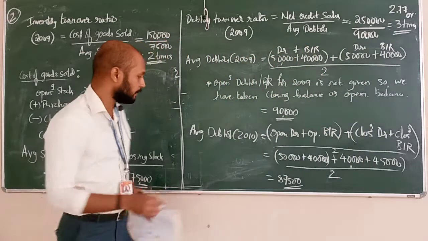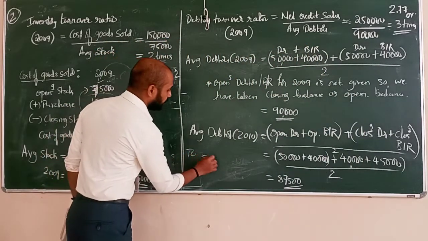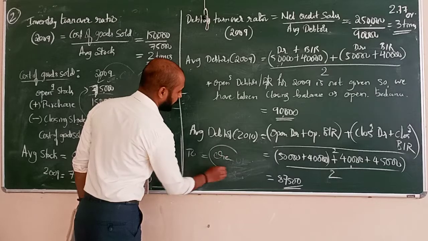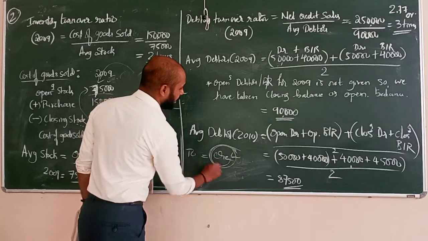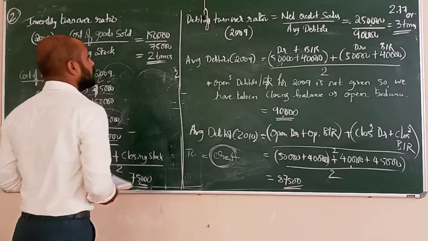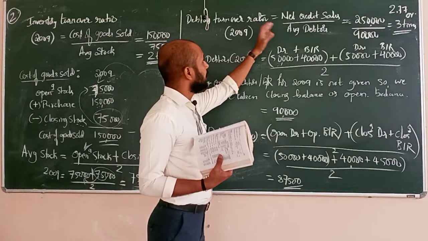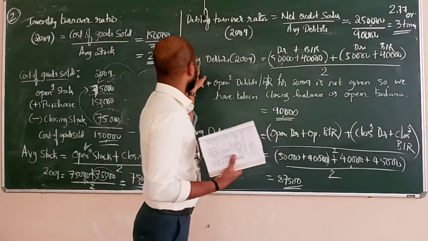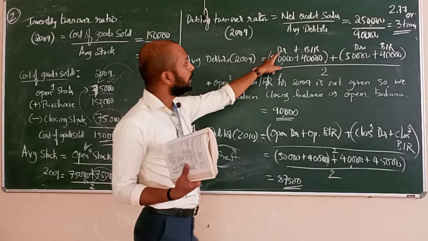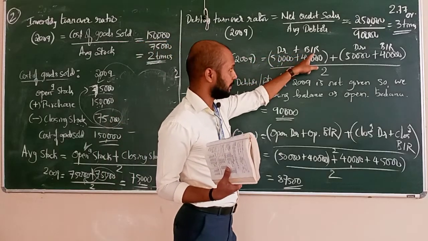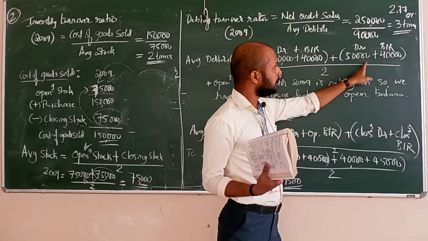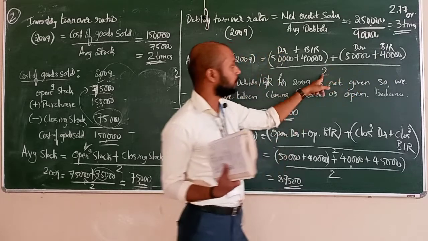In case they give total sales and credit sales separately, remember that credit sales will be taken as net credit sales. So we should calculate average debtors first. The average debtors formula is opening debtors plus opening bills receivable plus closing debtors plus closing bills receivable, divided by 2.